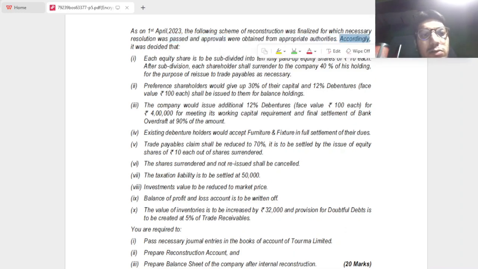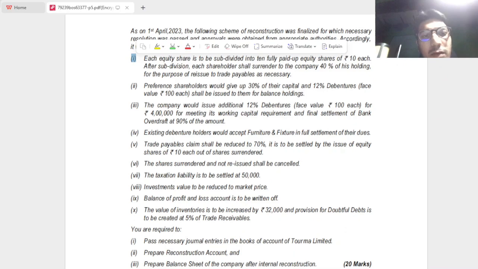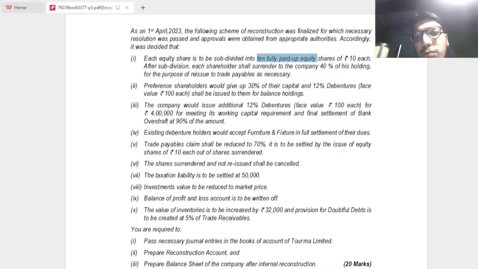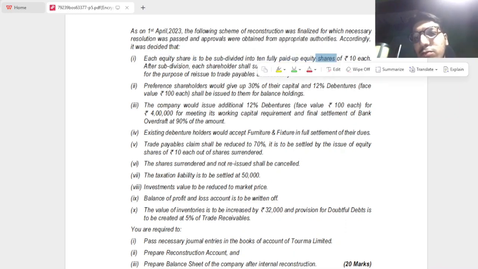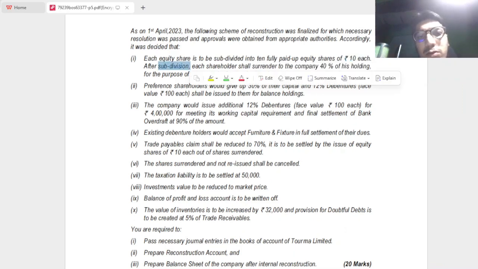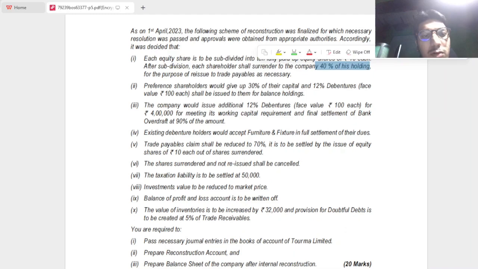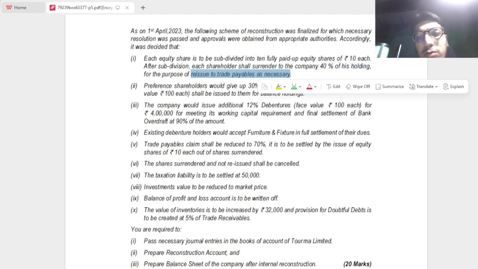Accordingly, it was decided that each equity share is to be subdivided into 10 fully paid up equity shares of 10 each. After subdivision, each shareholder shall surrender to the company 40% of his holding for the purpose of reissue to trade payables as necessary.